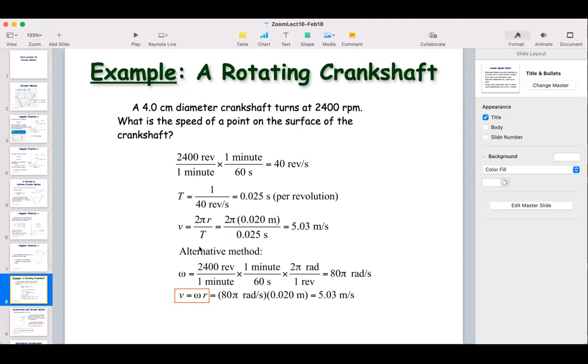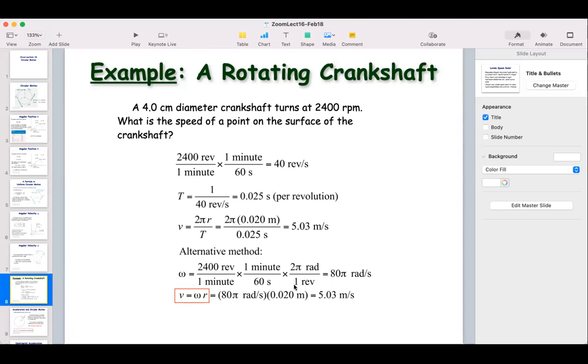We also have a different alternative method, which is omega equal to 2,400 revolutions over 1 minute. I want to find omega in radians per second. So I multiply by 1 minute divided by 60 seconds. And then I say 2 pi radians is 1 revolution.